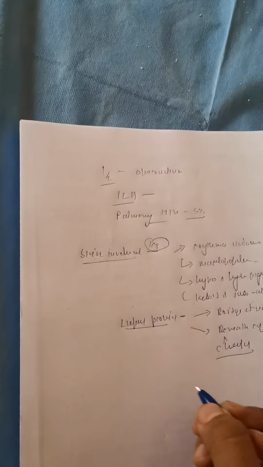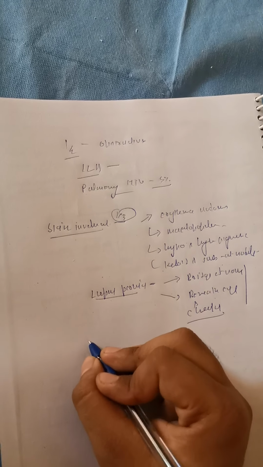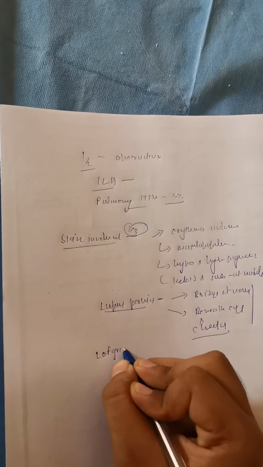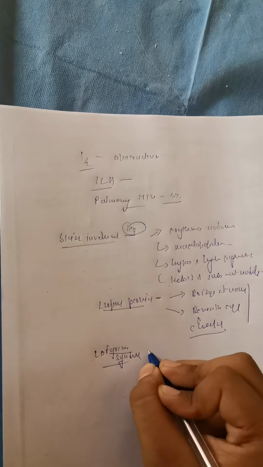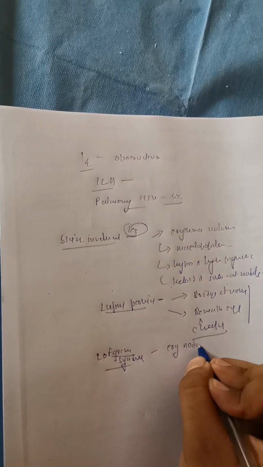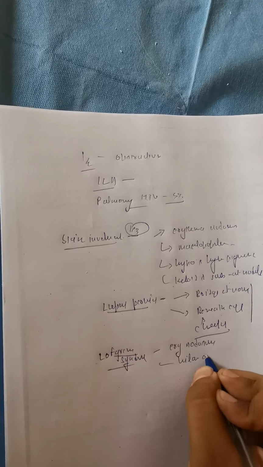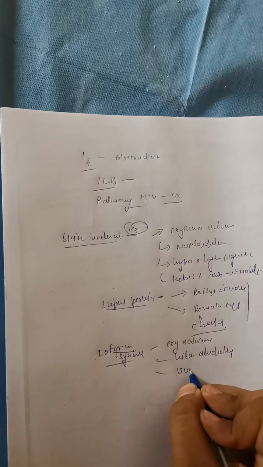This is known as lupus pernio. Lofgren syndrome includes erythema nodosum, hilar adenopathy, and uveitis.